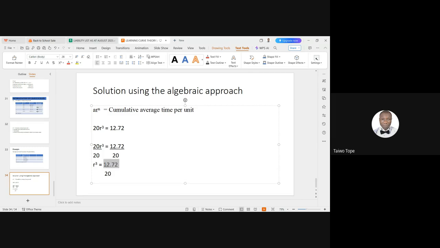The result here will be 0.636. So R cubed will be equal to 0.636.